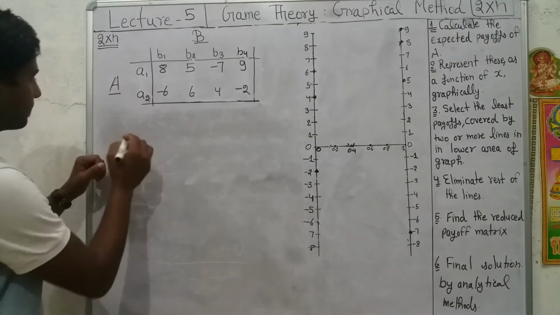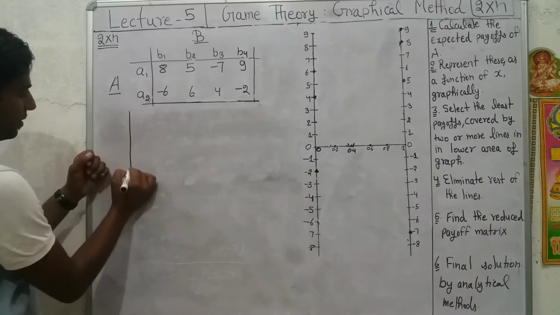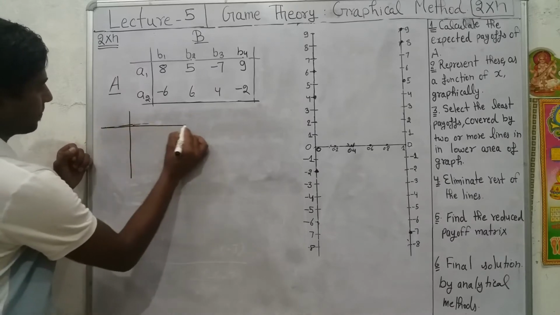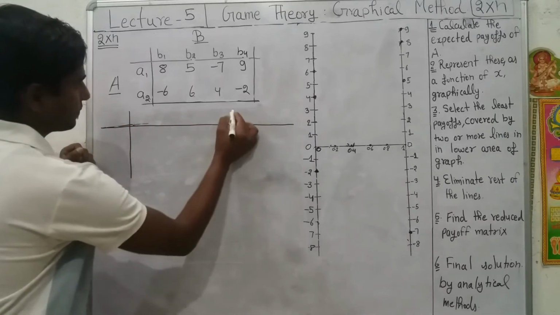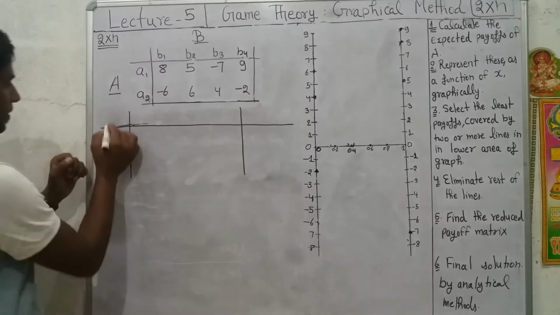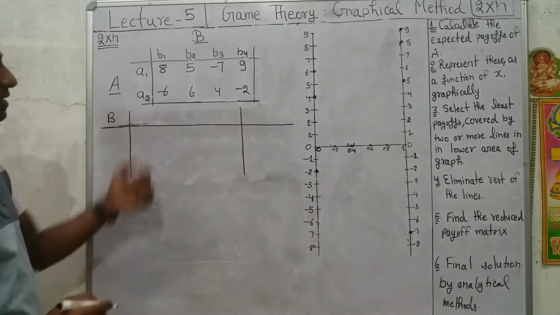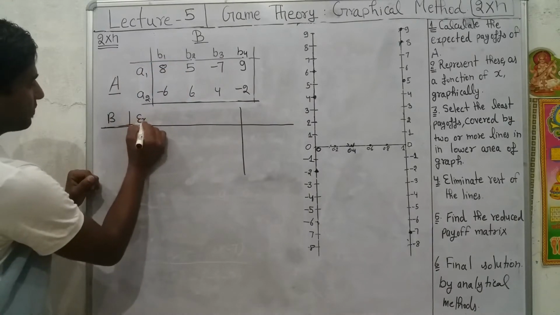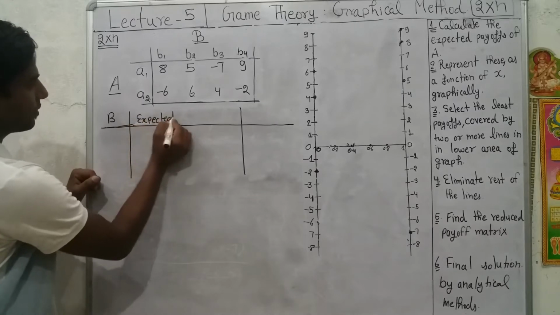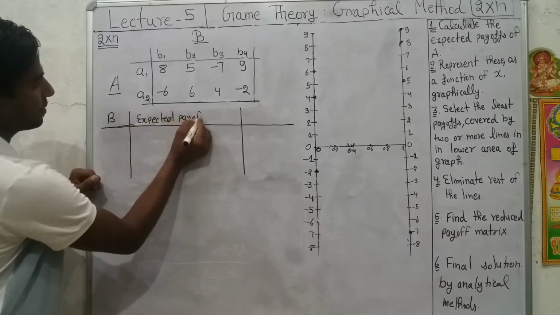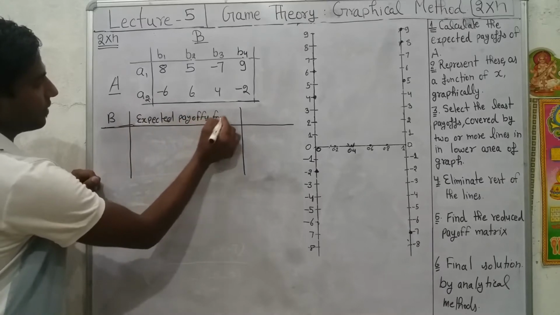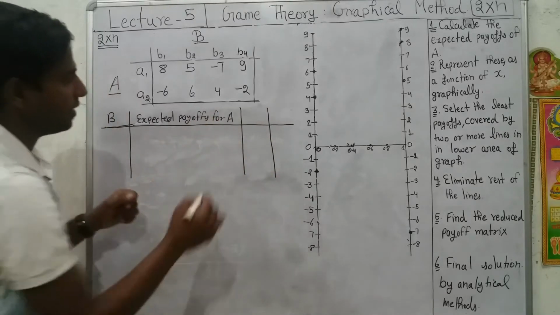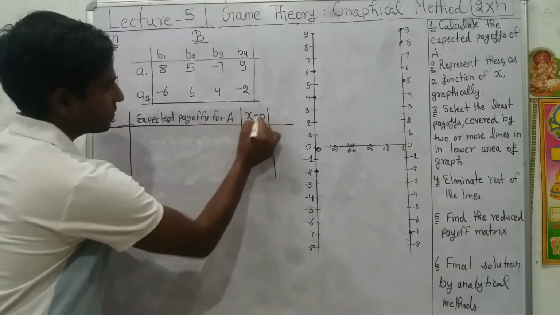For that purpose I am drawing a table. First column represents the strategies adopted by company B. Second column represents expected payoffs for company A. Third column represents expected payoffs for A when X is equal to 0.